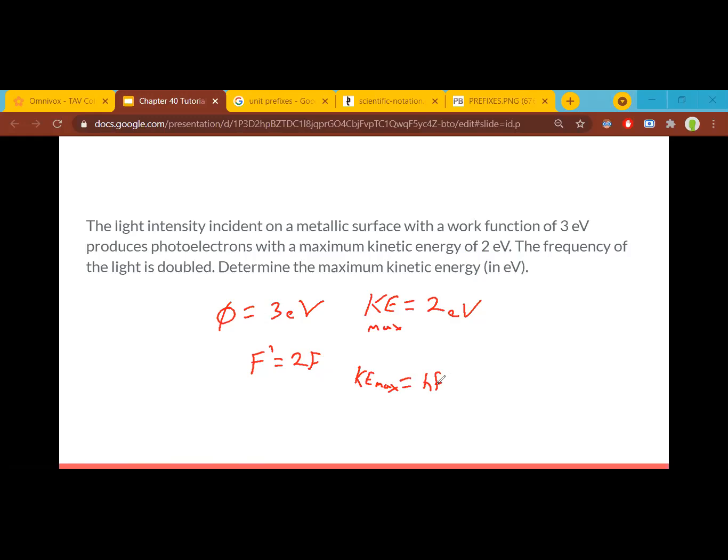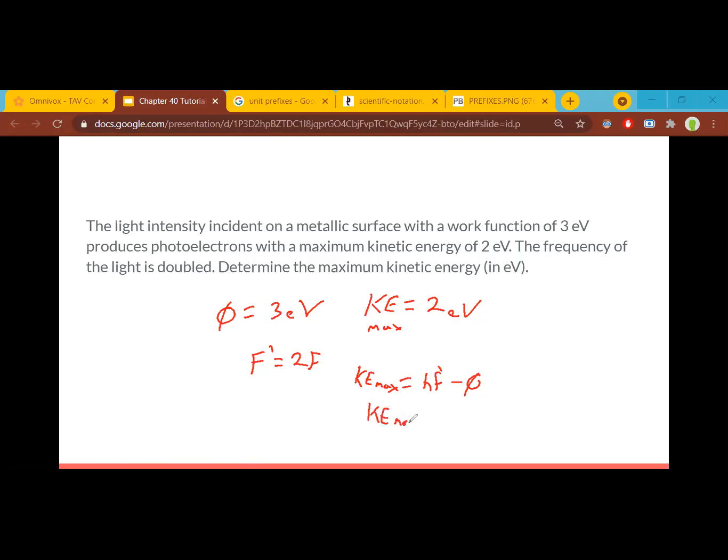So despite the fact that quantum mechanics is a little bit tricky, the formulas are not too bad so far. Anyways, the relationship again is maximum kinetic energy is however much energy you get from the photon minus the work function. And the only thing you really know now is that the frequency has changed, it's been doubled.